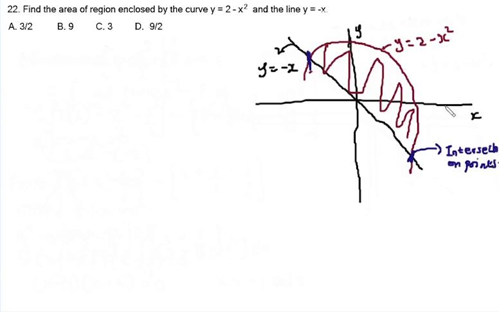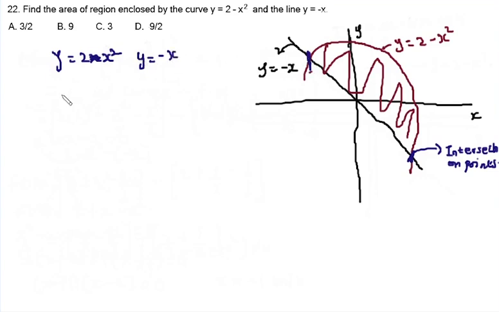At the intersection points, the two functions are equal to each other. So this curve is equal to this line: y is equal to 2 minus x squared is the same thing as y is equal to minus x at this point.